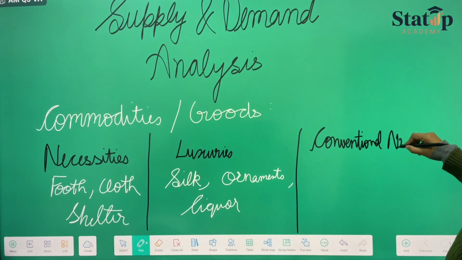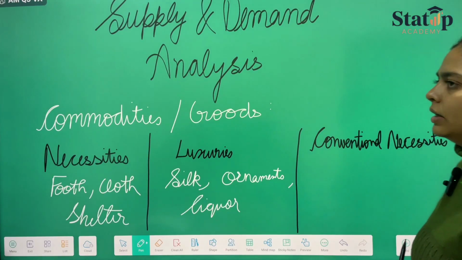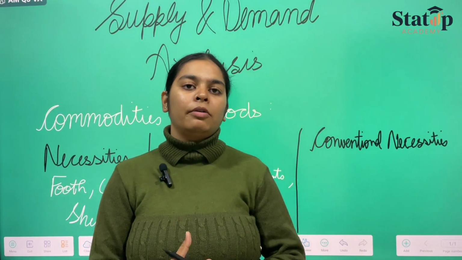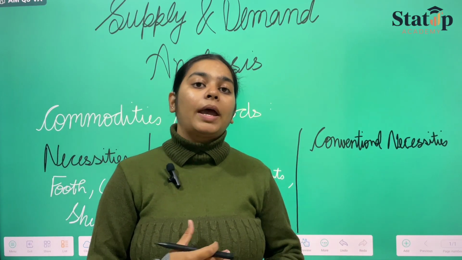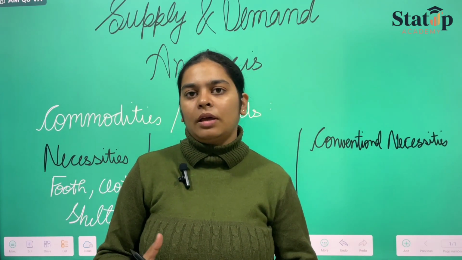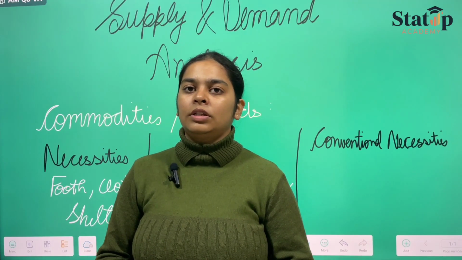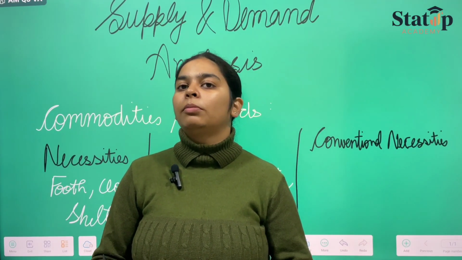Now, what are conventional necessities? Conventional necessities are the ones that we might get in the habit of having. We can live without them, but we might get in the habit of using them on a daily basis, so that if we stop using them, we might not be happy or fulfilled in our life.